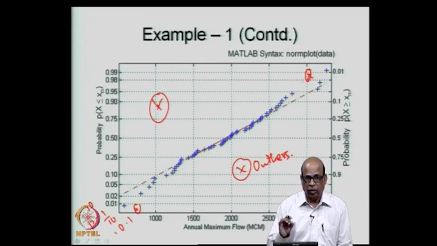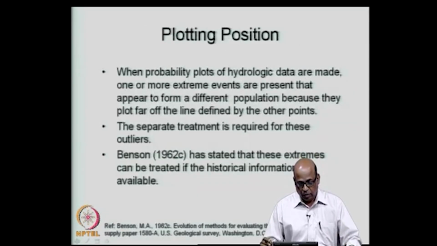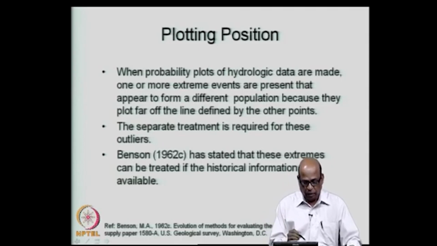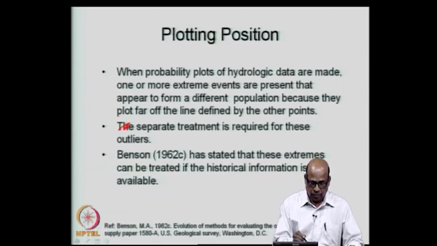So, you must always be alert to the situation that the outliers are providing some information which, if we ignore, perhaps we may be making too much of an approximation. So, a separate treatment is required for the outliers.